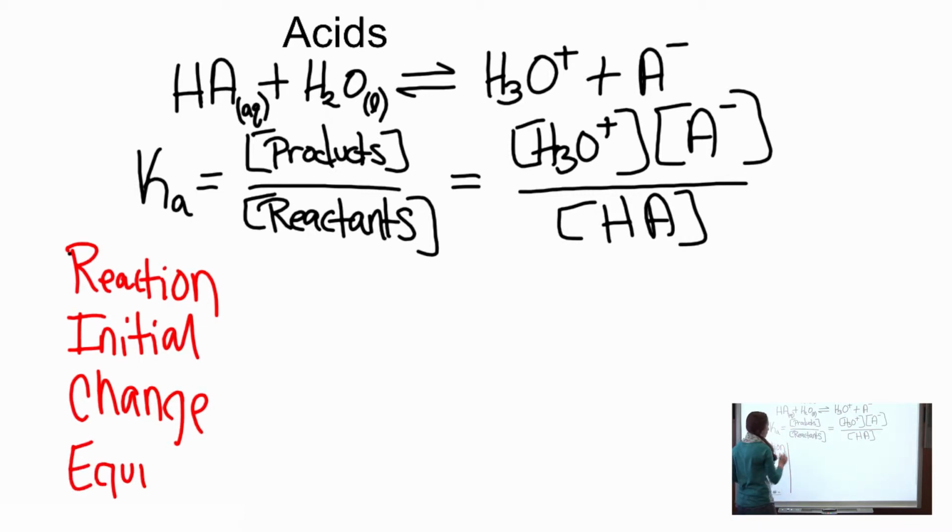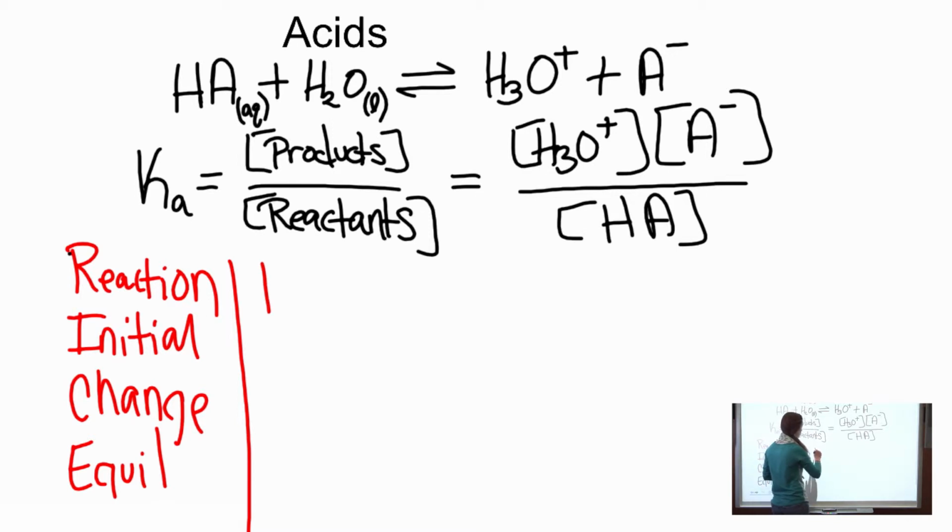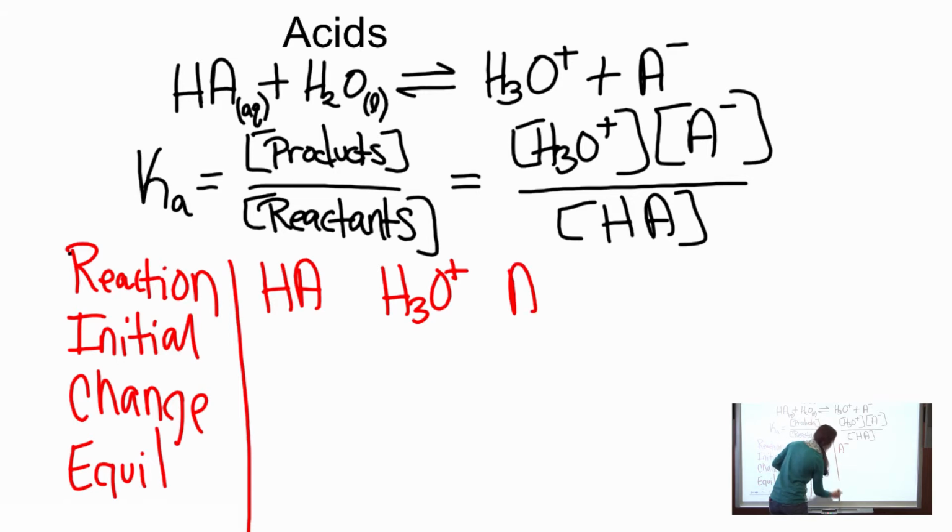So from there, you write out your reaction again. So anything that's part of your reaction that has a concentration value. So you're going to add HA, your hydronium. Again, you don't need water because it's a liquid. And your A minus. And then you'll make 3 columns.